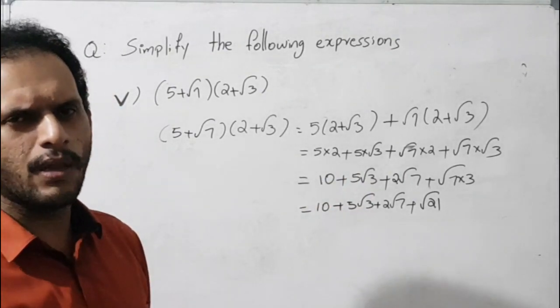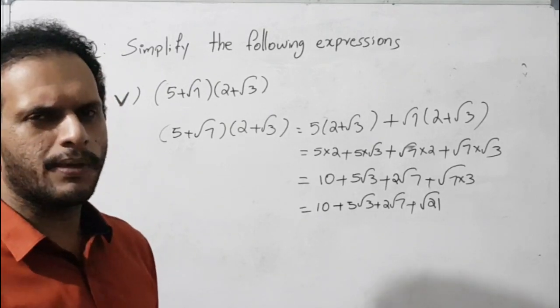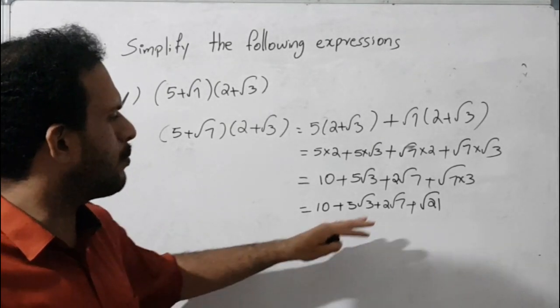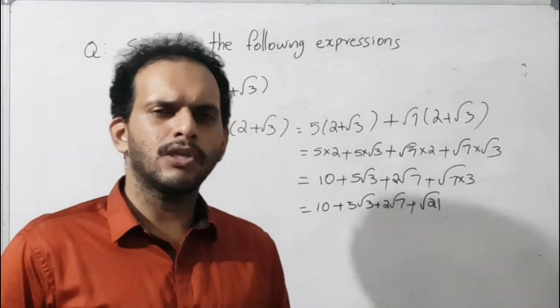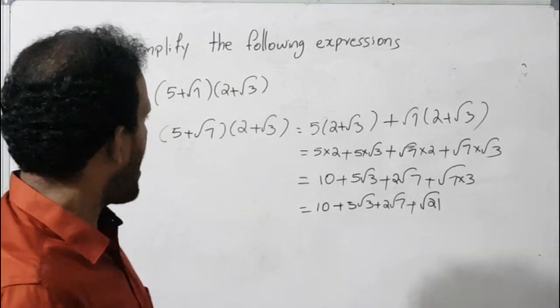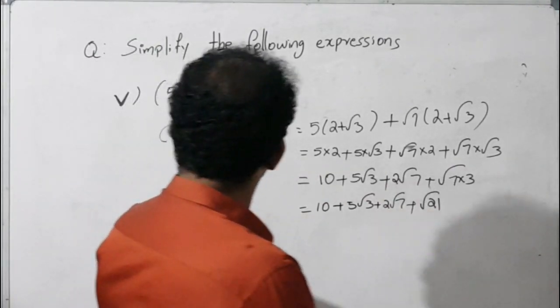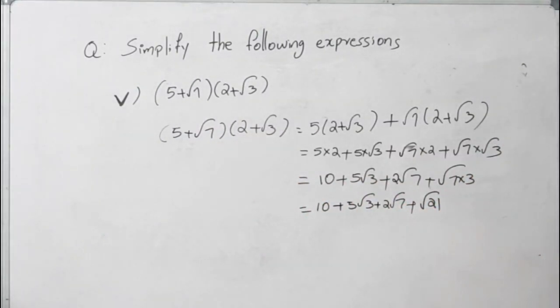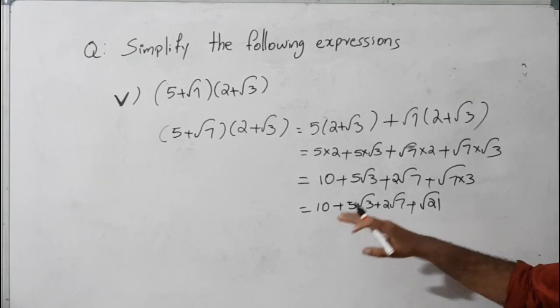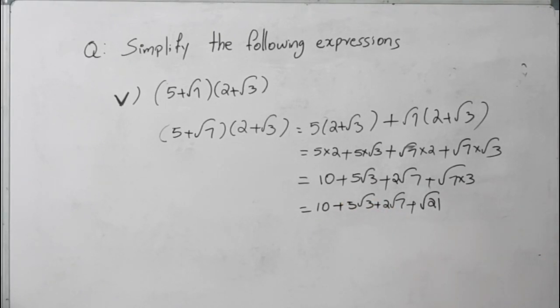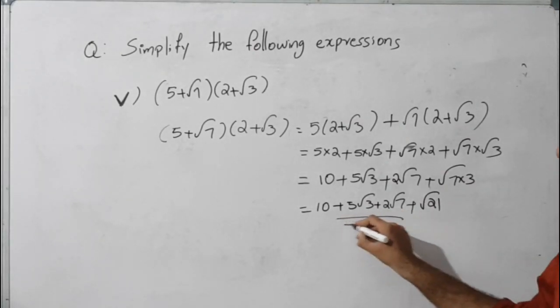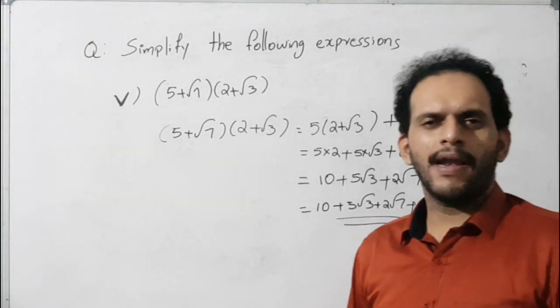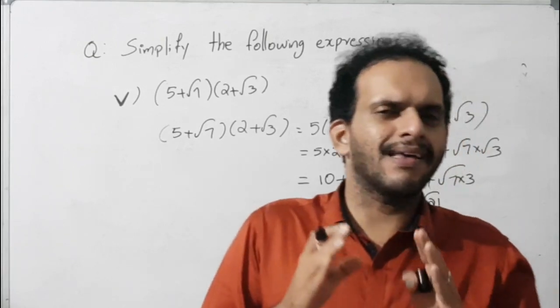We cannot add anything here. So the answer of 5 plus root 7 into 2 plus root 3 is equal to 10 plus 5 root 3 plus 2 root 7 plus root 21. I think you got the idea of how to simplify the irrational numbers.